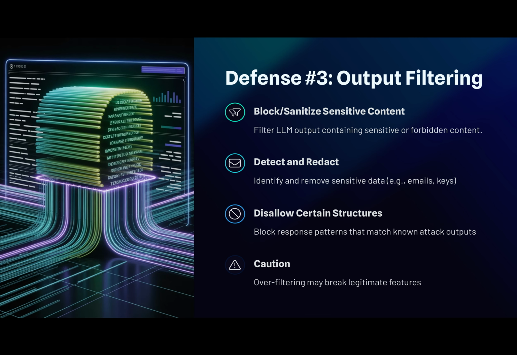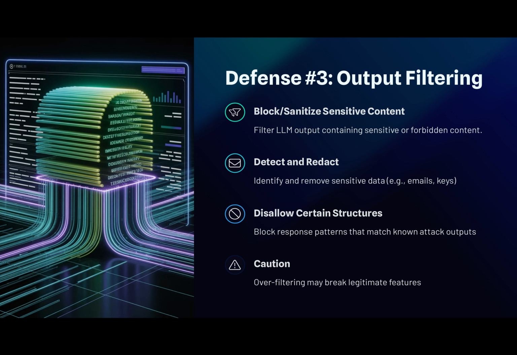Defense number 3 is output filtering. This technique focuses on inspecting and sanitizing what the language model produces, rather than just what's fed into it. Filtering or blocking output helps prevent accidental disclosure of sensitive or forbidden information, for example, by scanning for data like email addresses or API keys and redacting them automatically.